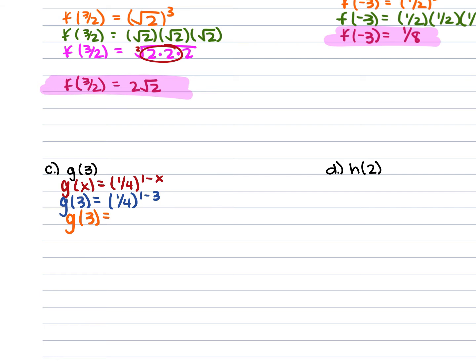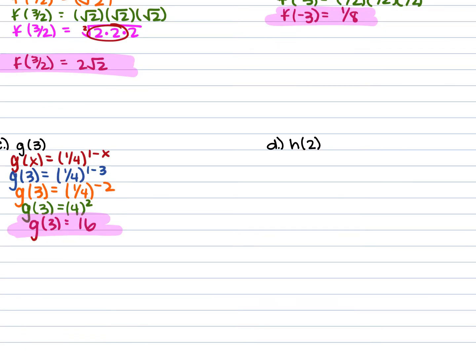So g of 3 is equal to 1/4 to the power of negative 2. We turn that negative 2 into a positive 2, take the reciprocal of the 1/4. So that's g of 3 is equal to 4 to the second power. 4 squared is 16, so g of 3 is 16.